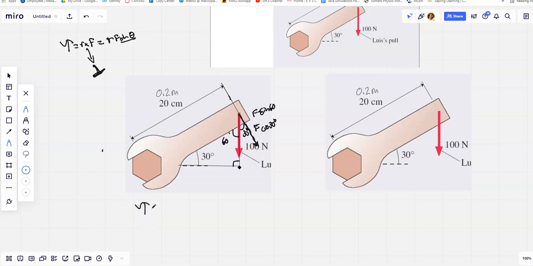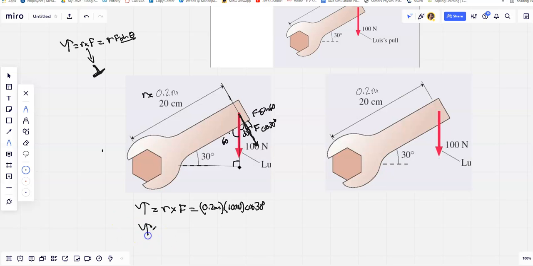So the torque here is equal to r, which is 0.2 meters, cross f. That r is 0.2 meters, and that F is 100 newtons, but the perpendicular portion is the cosine of 30 degrees, right? It's this part here, perpendicular to the lever arm, okay?